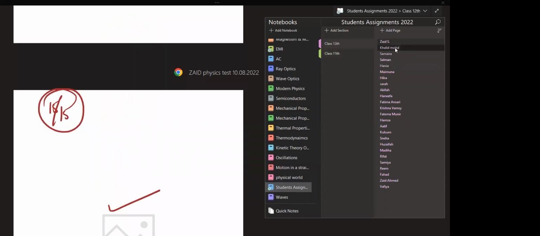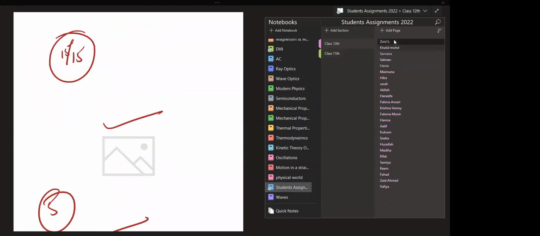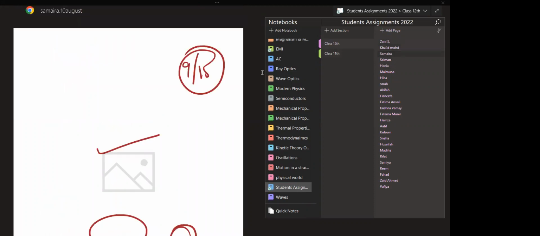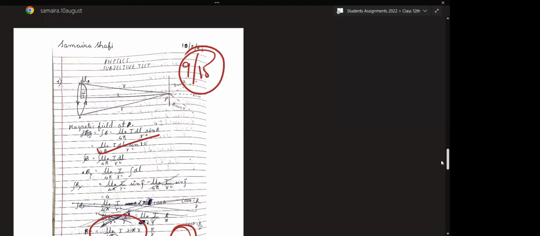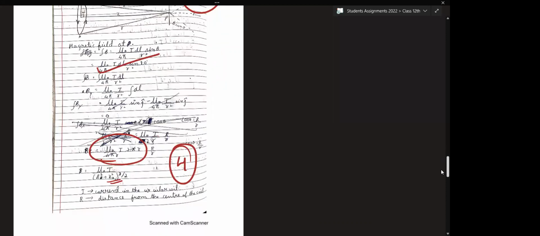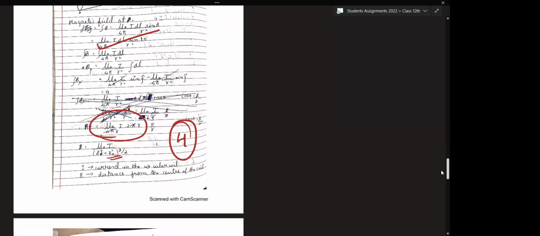Zaid has scored 15 on 15. Zaid's paper was very nice. Everything was written perfectly. Khalid also. Samaira, what were the mistakes? At the last, only one mark has been lost in this question. Samaira, you have to mention why you wrote 2 pi r.